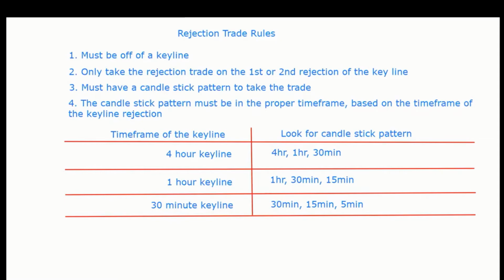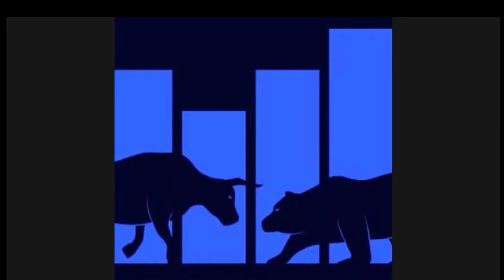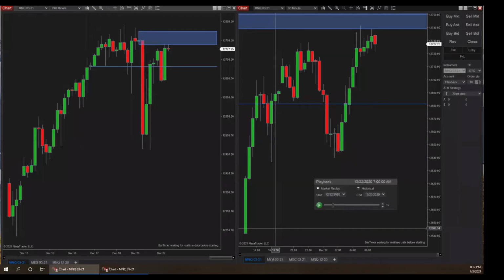And I have an example of a 4-hour first touch rejection. I want to call it a first rejection trade. I want to share screen here, get the right screen. One second. Okay, so what you have here is the micro NQ charts. I have on the left side a 4-hour chart, and on the right side you have a 30-minute.